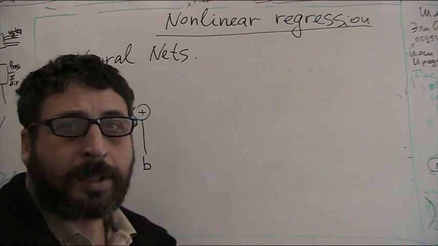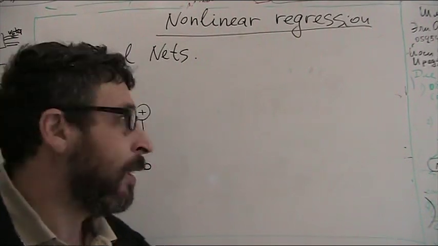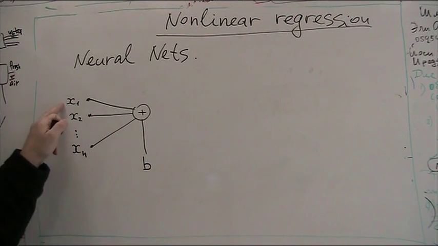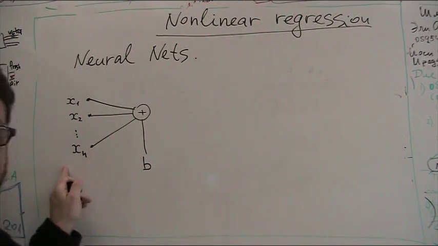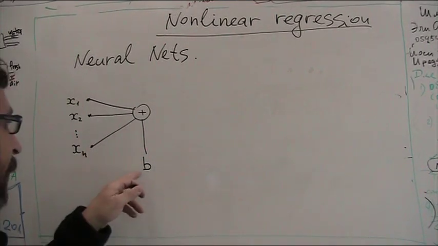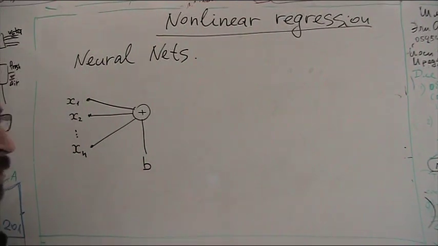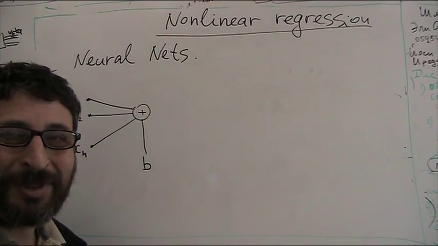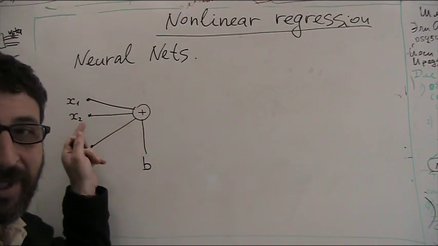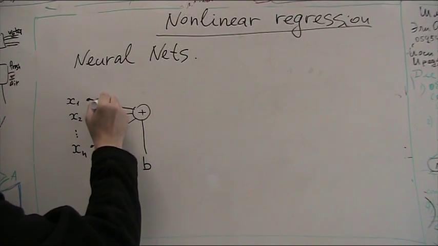Suppose that we want to approximate a function of several variables. In this case, x is a vector, and here x1 till xn are entries of this vector. And for example, b is some constant. What one single neuron does, it computes the sum of entries x, but not just a sum, but a sum with weights.